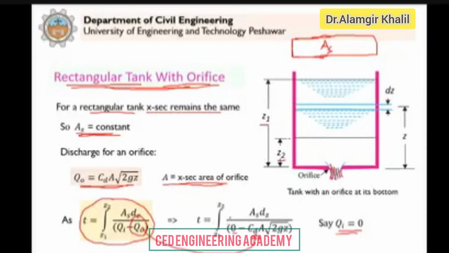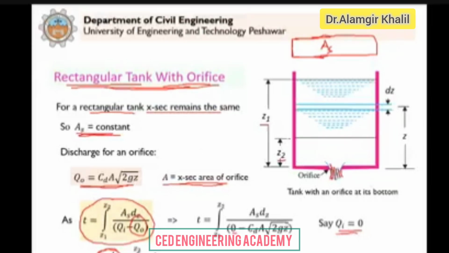If I want to evaluate the integral, I can write the constant outside, because you can see here minus CdA into under root 2g is constant, AS is also constant. And you already know that anything constant can be written outside the integral sign.